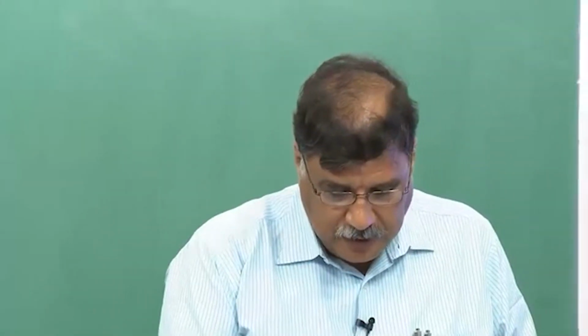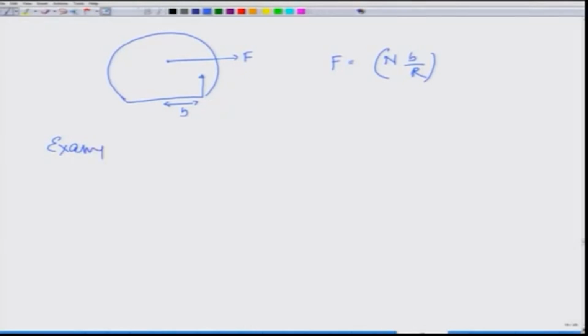Let me solve an example of rolling friction. This is to do with the train. A coach of a passenger train is of mass 50,000 kg.